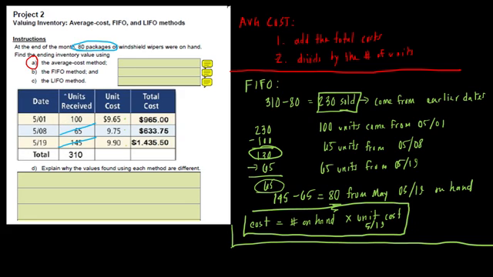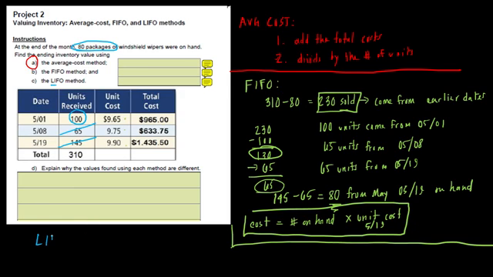Okay? Again, this is the last in, first out method, so the most recent gets sold off. So we would have sold off all of the May 19th, all of the May 8th. There were 80 of these original 100 left on hand.